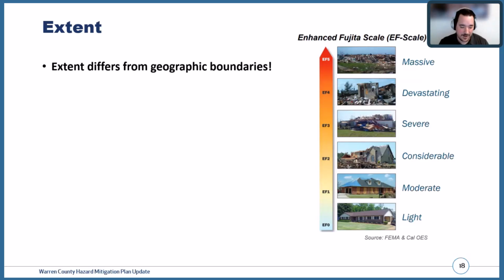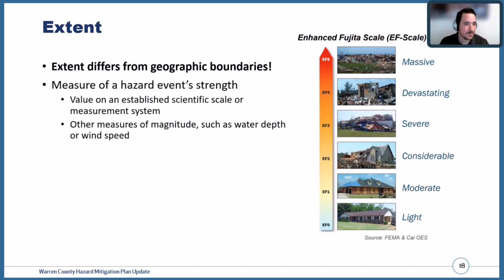Extent is a big part of this plan because it differs from just looking at a map where the lines are, you're in or out of the flood zone. It doesn't show, like see in this picture over here on the right, it could be in a tornado zone, but based on how old the structures are, how severe a tornado may be, it'll create either a stronger or reduced extent of damage.